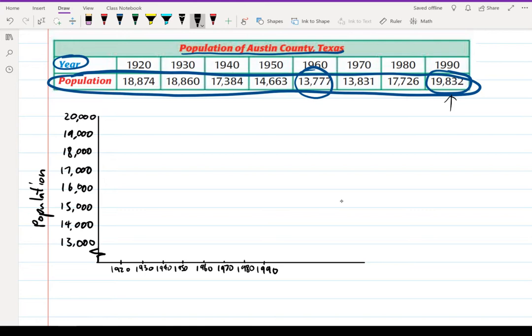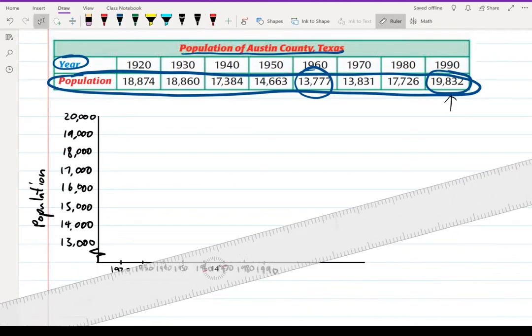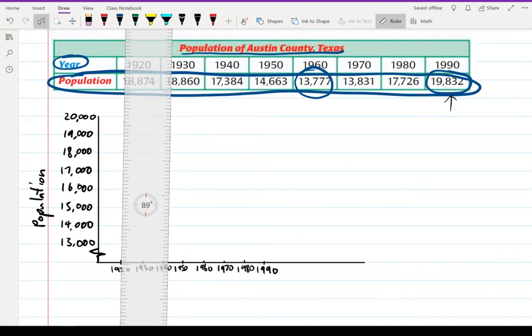And then the last thing you do is you plot the data according to the information that you're given. So for 1920, we have 18,874. 18,874 is around here. We can just estimate for this.